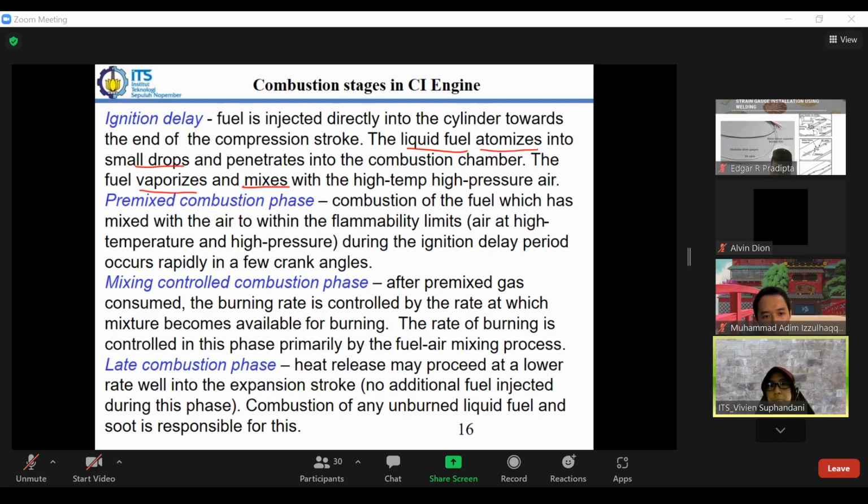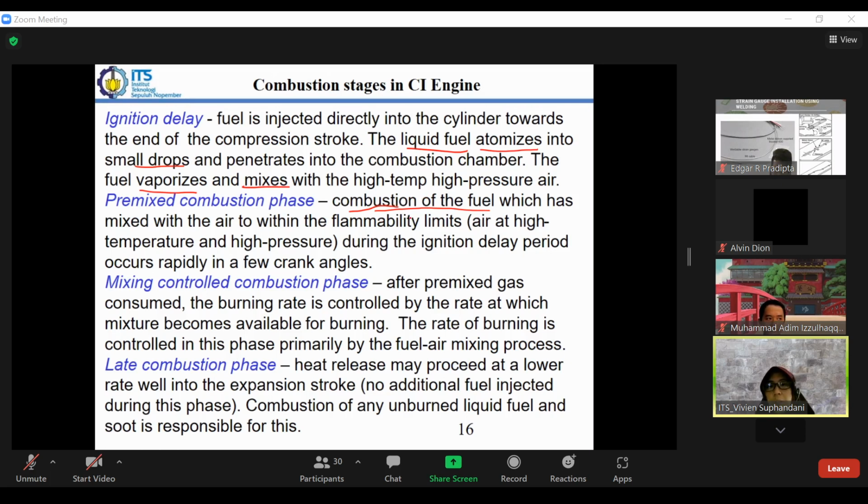And afterward, phase 2 is the premix combustion phase. So the premix combustion phase here is already the combustion process. So this is the start of combustion, in which it will increase the pressure sharply.